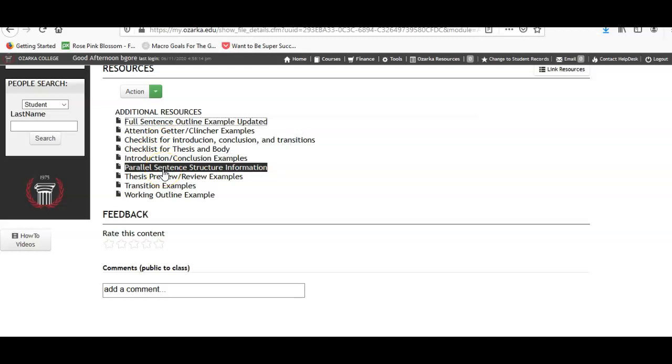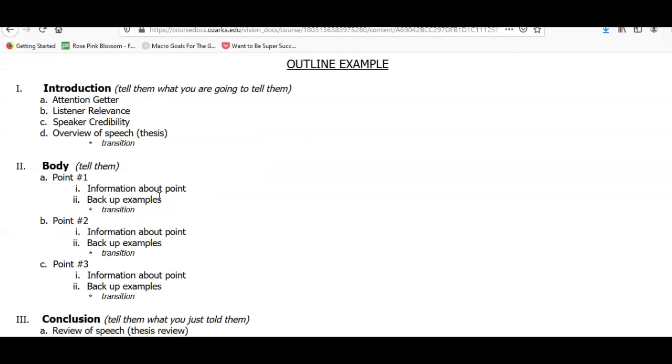If you don't understand what parallel sentence structure means, take a look at those examples. That'll help you. If you need help with thesis preview and review, there are some examples there. There are some transition examples, and here's a working outline example. Basically the same thing that you've seen already. It's nothing new.